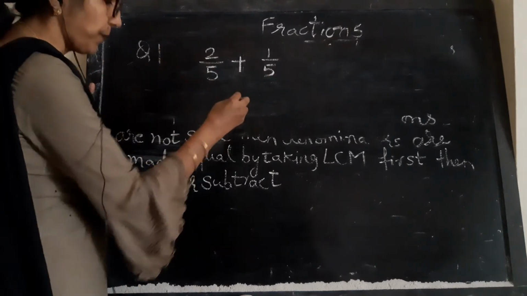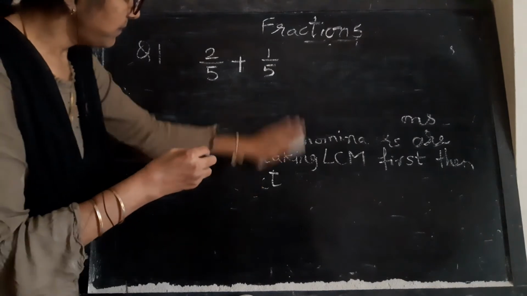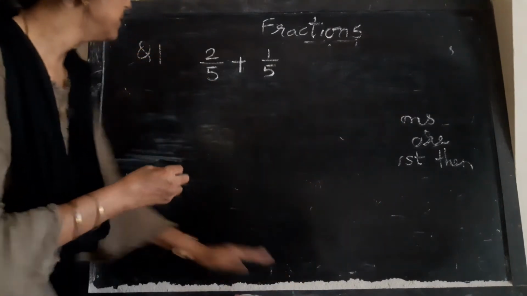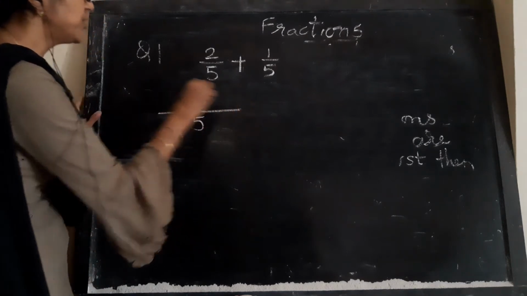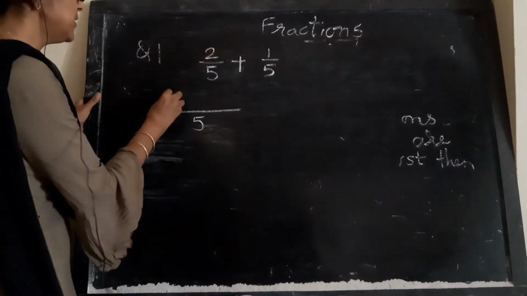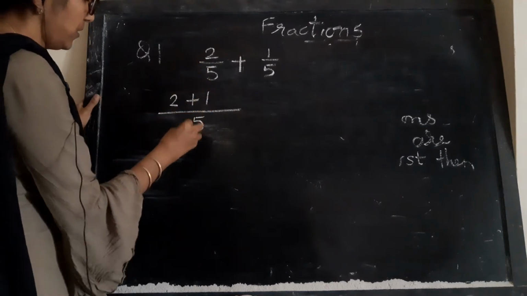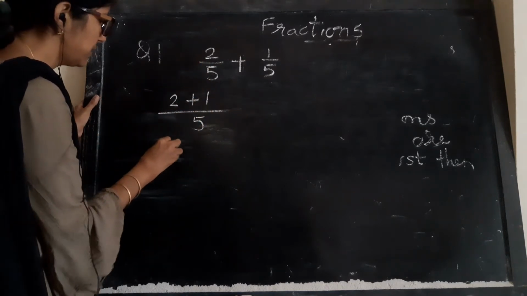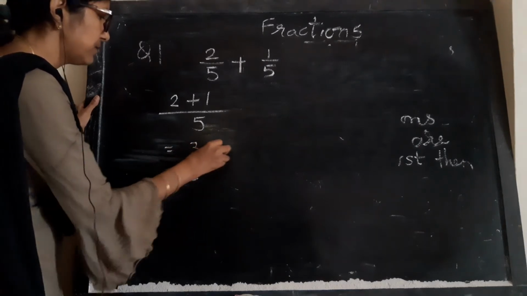So just copy down this 5 once. Drag the line long enough to copy down the numerators. 2 plus 1. So here we get 3 upon 5, the answer.